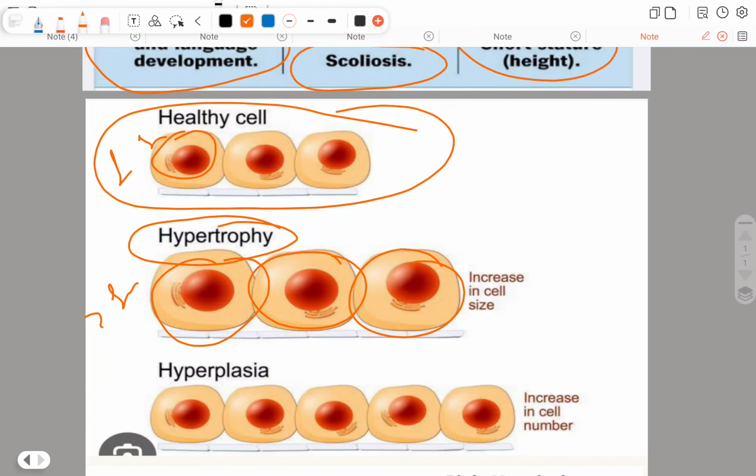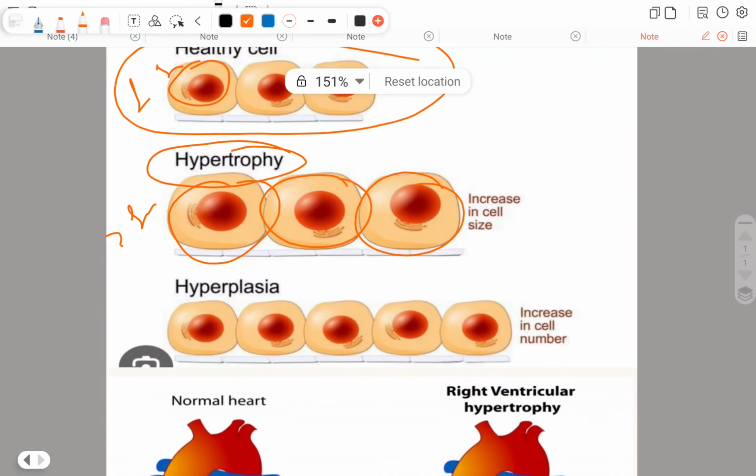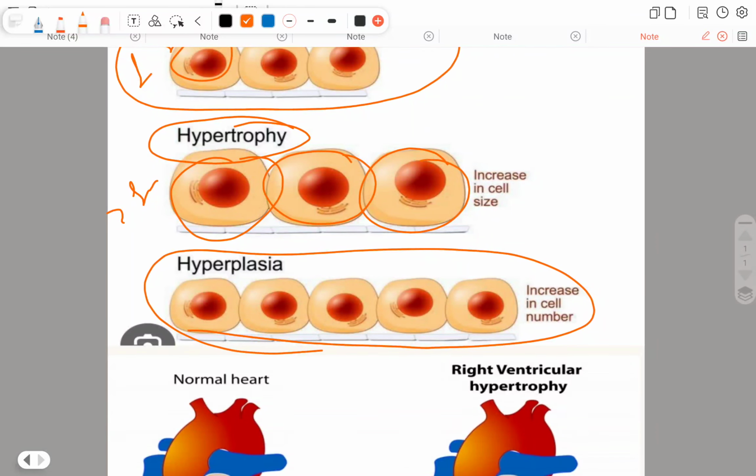In physiology, for example, when you exercise your skeletal muscles, hypertrophy occurs, and when you have some kind of heart wall defect, your myocardial cells will hypertrophy. That's a pathological hypertrophy. Hyperplasia means that the cell number increases.